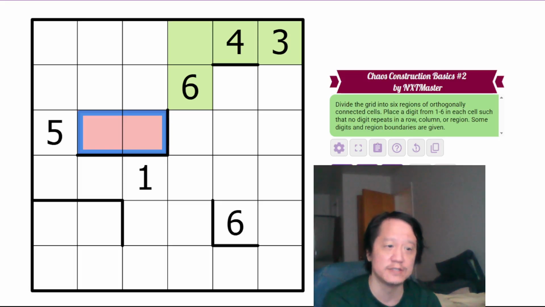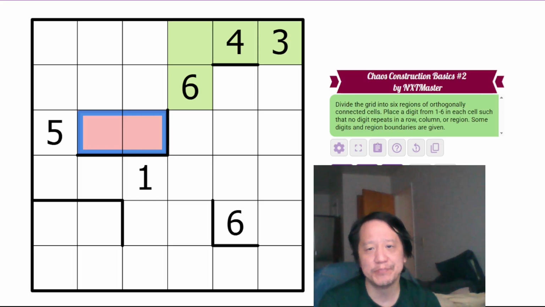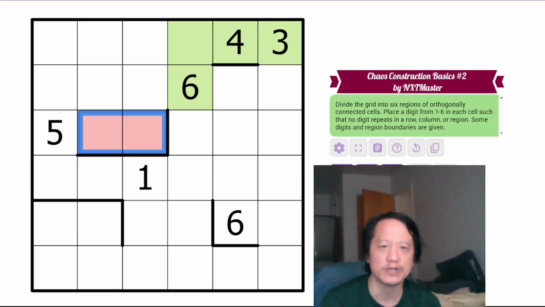But 6x6s, because you have such a decreased amount of possibilities, can very easily be a very easy puzzle. But I also wanted to show you some maybe tips and tricks that you can potentially use for chaos construction.